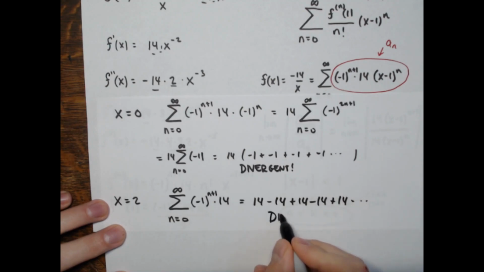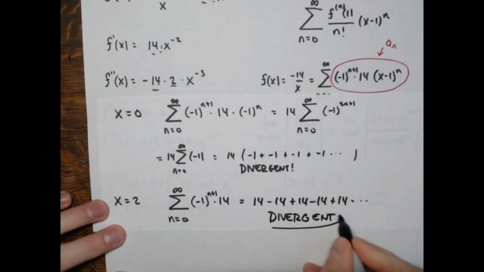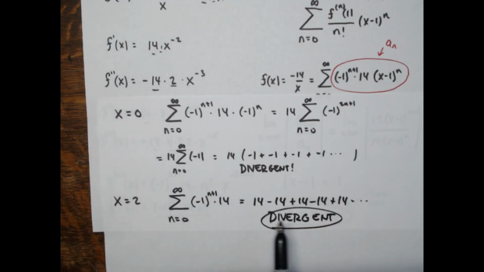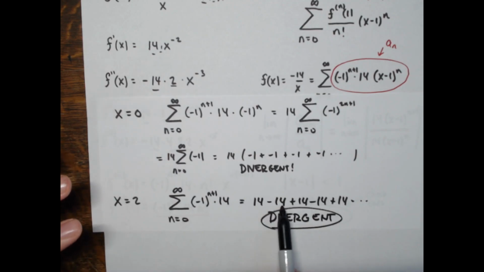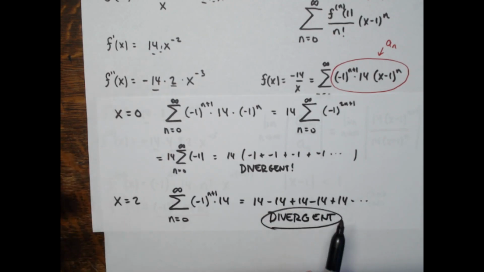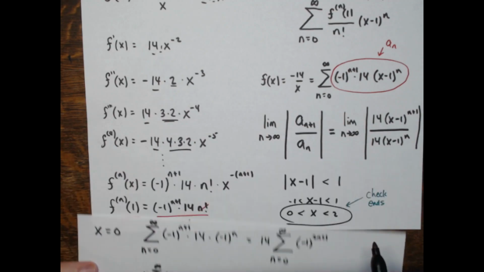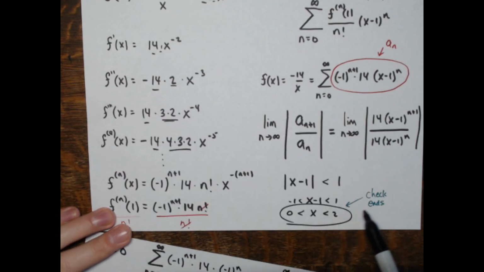This is divergent. We've seen something like this in earlier sections. Right? The partial sums would be 14, then 0, then 14, then 0, then 14. The sum is not actually approaching some specific value. So divergent at both ends.